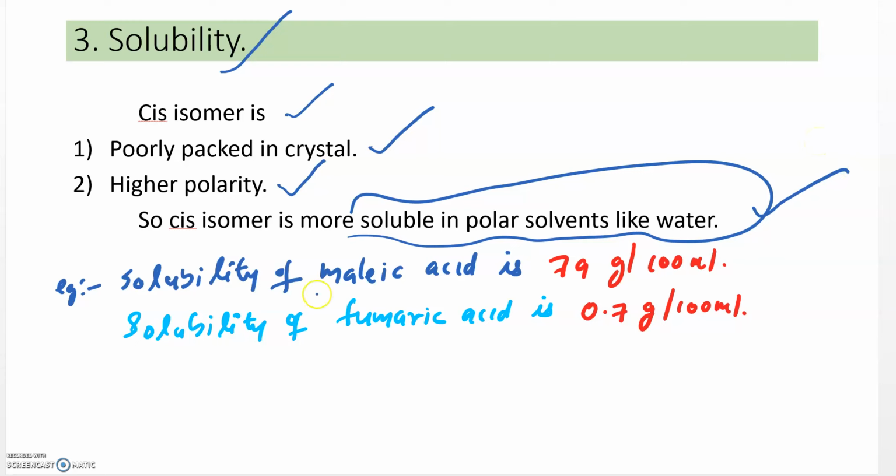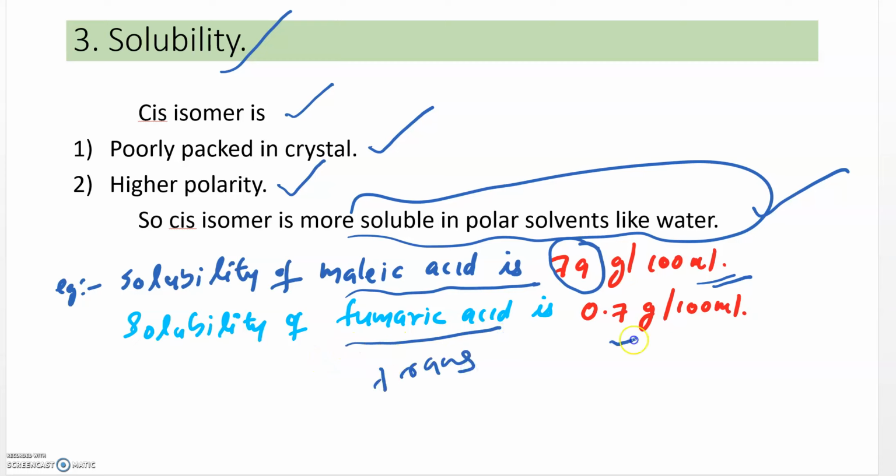For example, the solubility of maleic acid, a cis isomer, is 79 gram per 100 ml. Whereas the solubility of fumaric acid, a trans isomer, is 0.7 gram per 100 ml, a very low value. So the solubility of the cis isomer is higher due to poor packing in the crystal and high polarity.